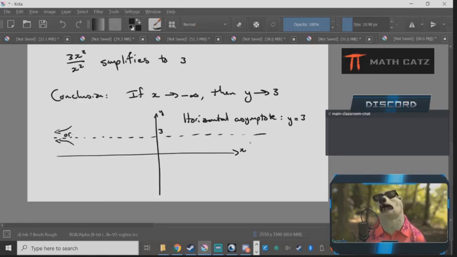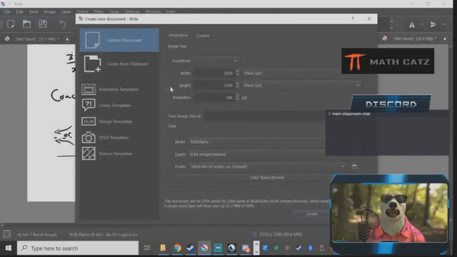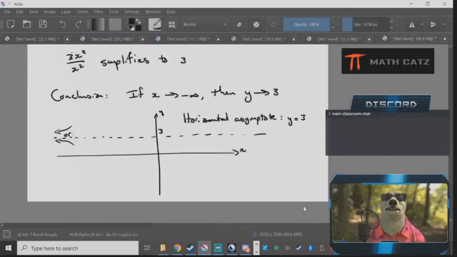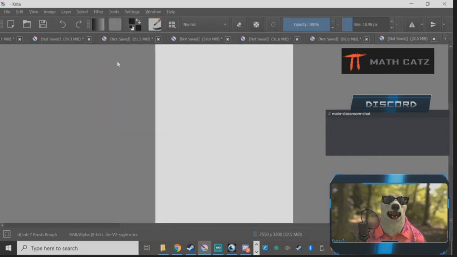The long-term behavior question can be answered because the function is made up of a couple of polynomials, and each one of those polynomials behaves like its leading term. So now I just have the long-term behavior be the same as the ratio of the leading terms. Let's do another one.